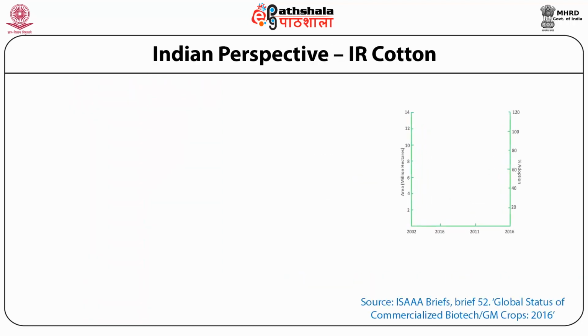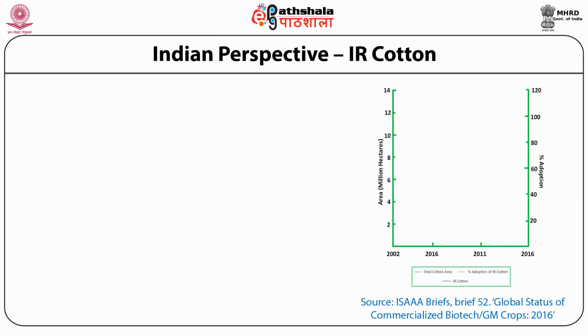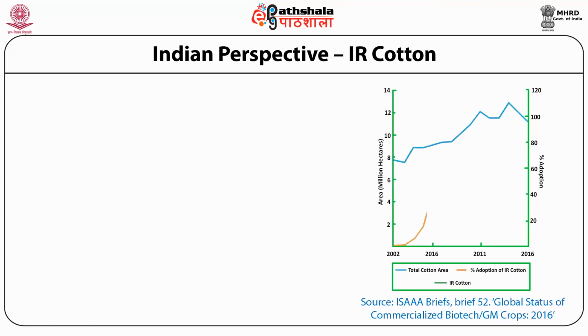If we look at the Indian perspective vis-a-vis genetically modified crops, instead of calling them GM crops, we prefer calling them insect-resistant varieties. In India, IR cotton is being cultivated nowadays.